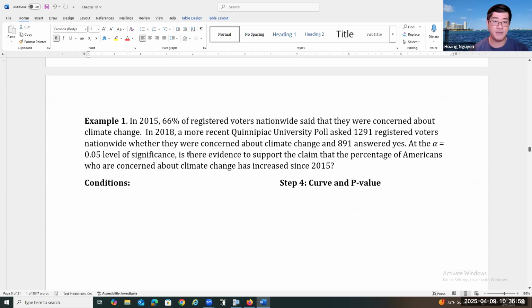In the year 2015, about 66% of registered voters nationwide said that they were concerned about climate change.